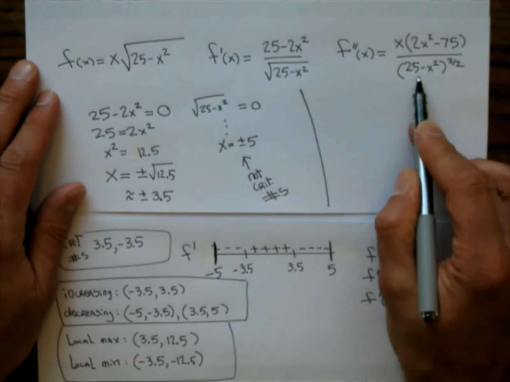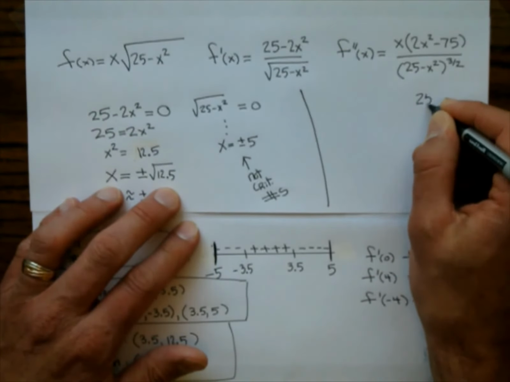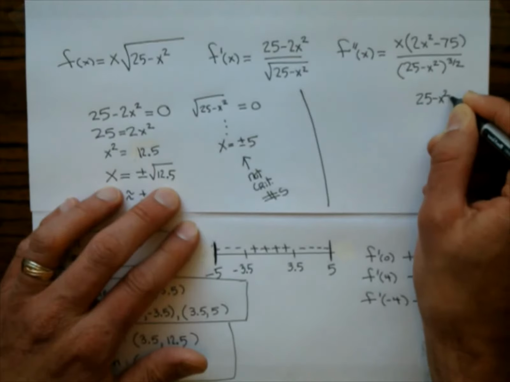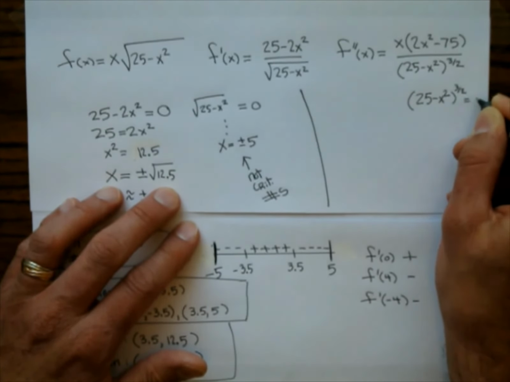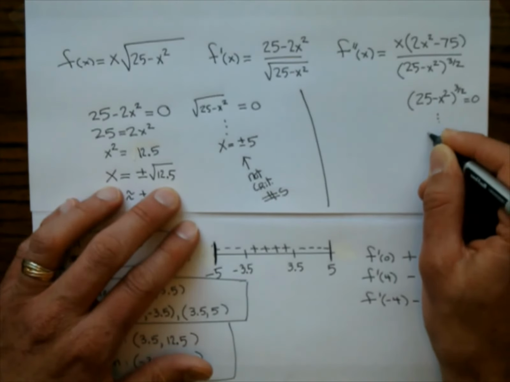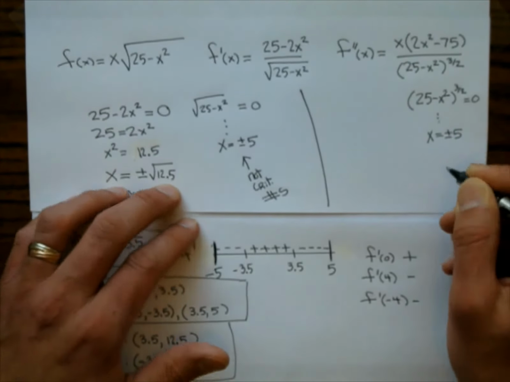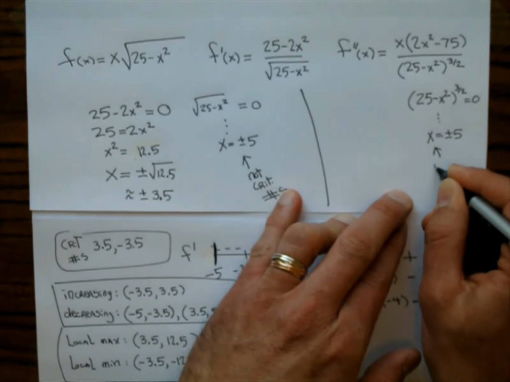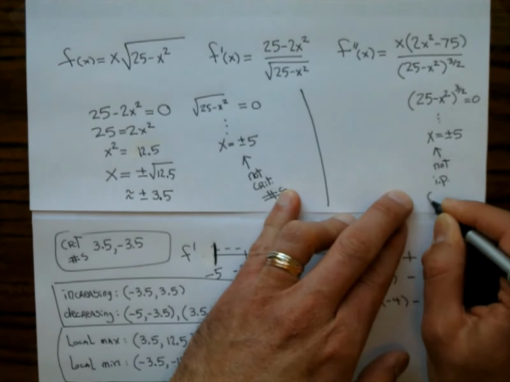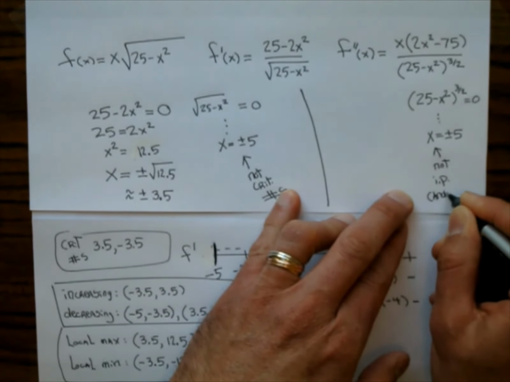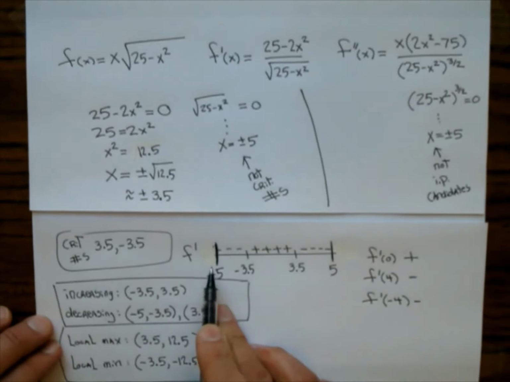The ones from the bottom, you know, like if I set the bottom equal to 0 again, to find out where the second derivative is undefined, I'm going to get x equals plus or minus 5, which are not IP candidates. Okay, because they're right at the ends, and as we saw right there.